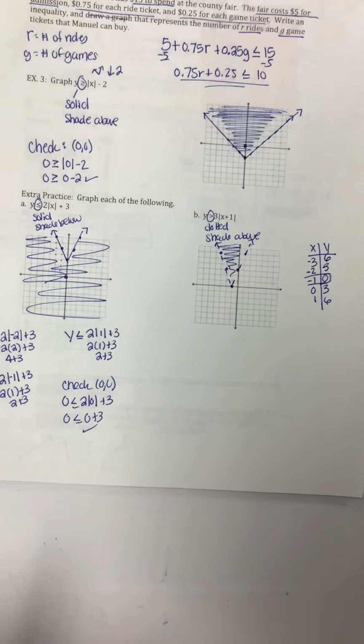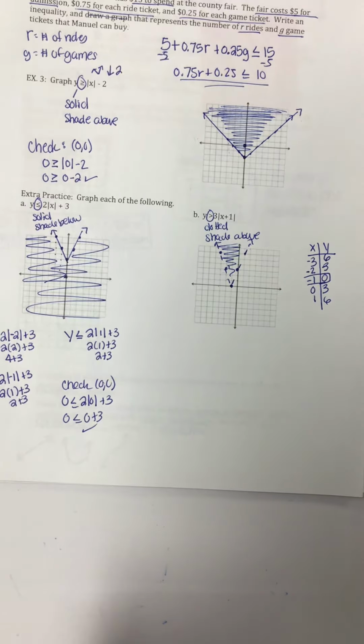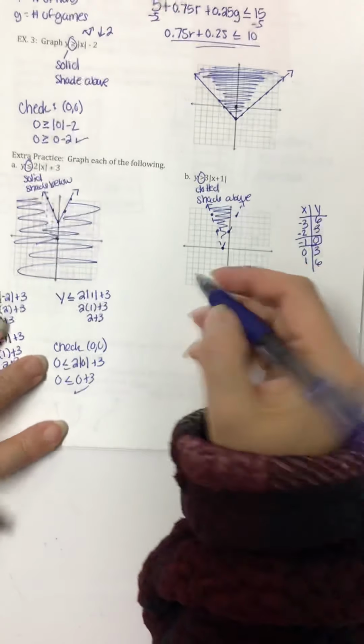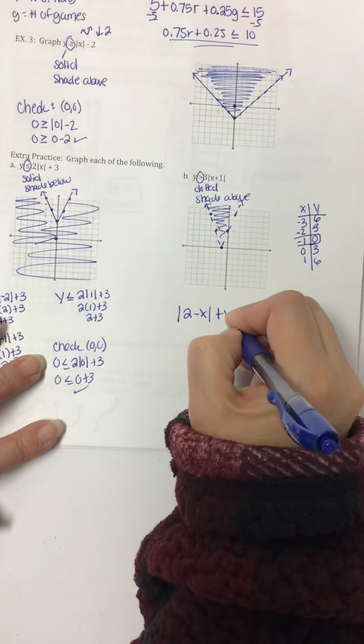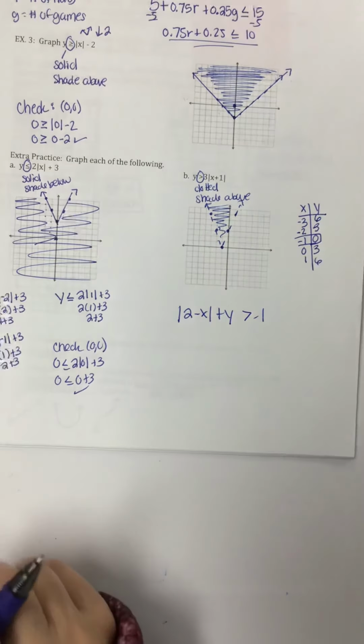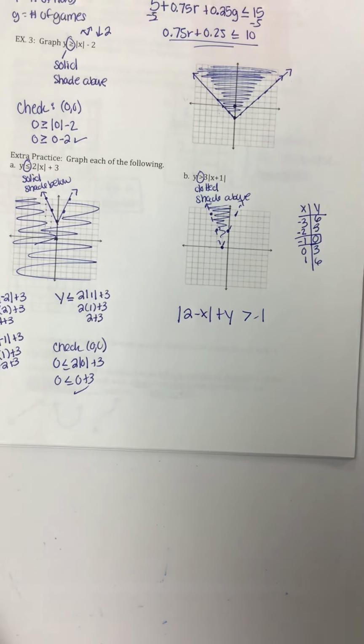Now real quickly, I want you to think about this. If you were given the absolute value of 2 minus x plus y is greater than negative 1. We need y by itself, don't we?